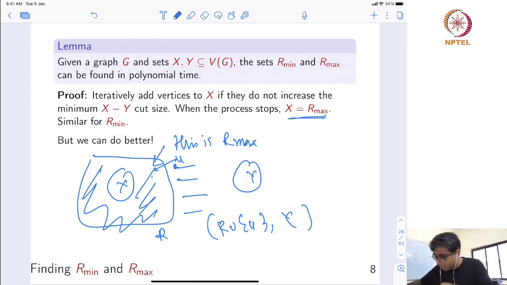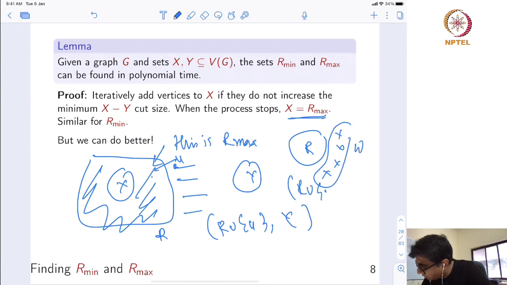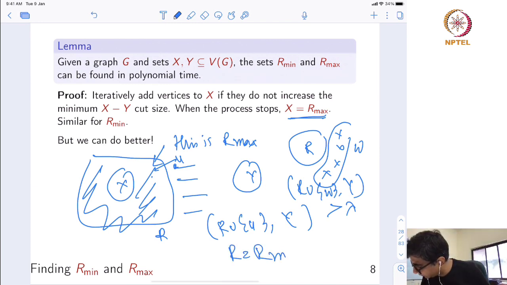Once you find a set R such that for every vertex W outside, R union W and Y has min cut more than lambda, then you stop and say that this R is our R max.